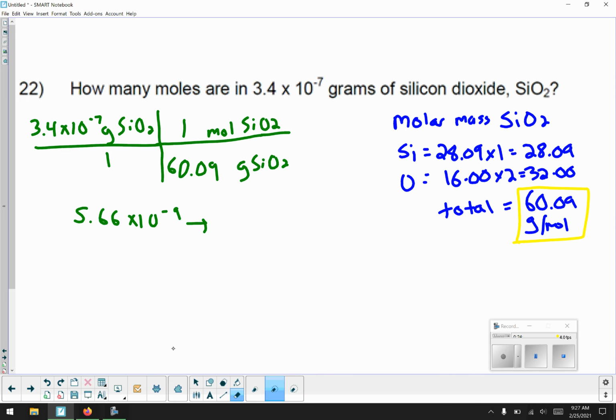We only have 2 sig figs in the initial question, 3.4, so we'll go to 5.7 times 10 to the negative 9. So the final answer will be 5.7 times 10 to the negative 9th. And again, moles of silicon dioxide. So both the unit and the substance in the answer.